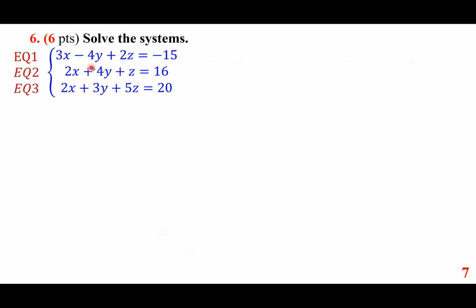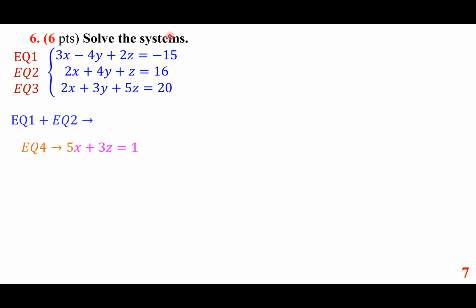We notice that if we add up these 2 equations, the y goes away. So we don't have to do anything, just add them up. And when we do that, they go away. This is 5x, this is 3z, and this is positive 1.